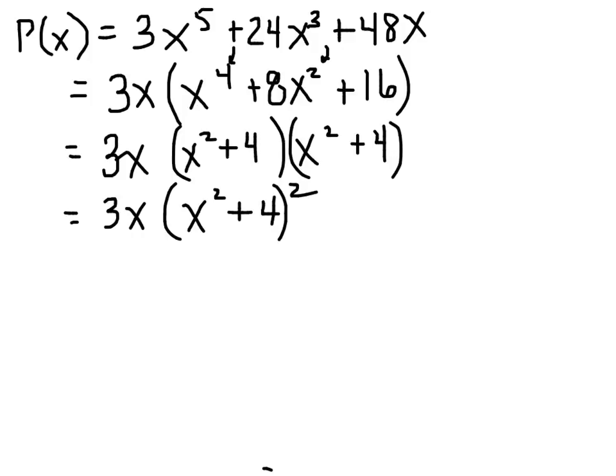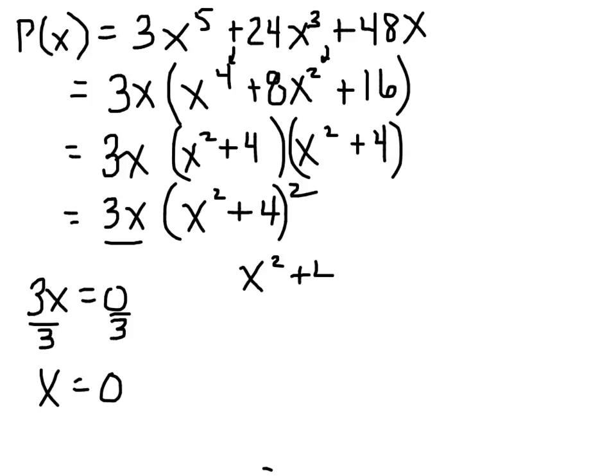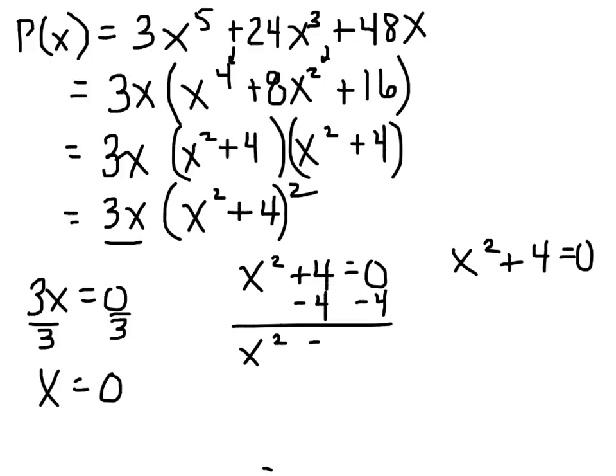Now as far as solving that goes, I would set each group equal to 0. So 3x equals 0, divide by 3, x equals 0. Then I would go x squared plus 4 equals 0. If I set each equal, I'm going to get the same answer twice, but just to show you that I do it the same way for both groups.